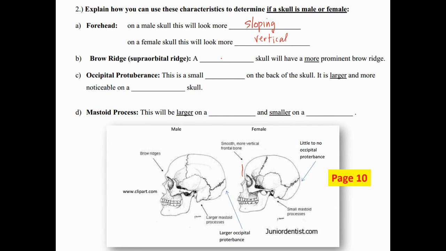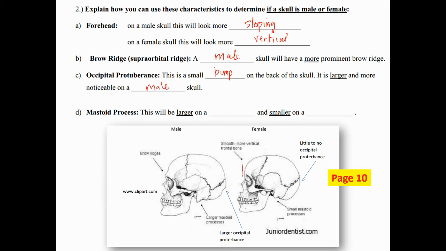The brow ridge. A male skull will have a more prominent brow ridge or supraorbital ridge. Again, supra means above. Orbital refers to the opening of the eye. Occipital protuberance. This is a small bump on the back of the skull, and it is larger and more noticeable on a male skull.